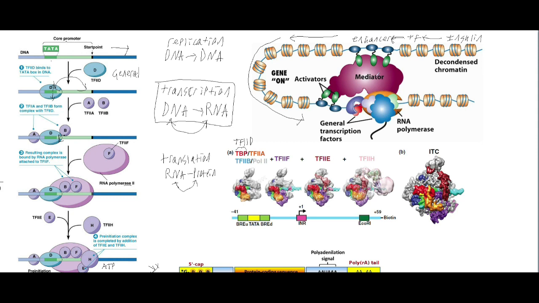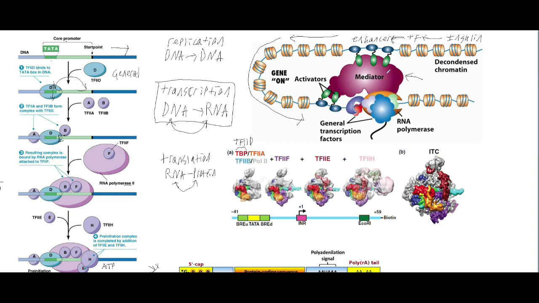Then what happens is this giant protein complex here called mediator can bind to the transcription factors at the enhancers, and then mediator, true to its name, will actually mediate the signal between these transcription factors and transcription.